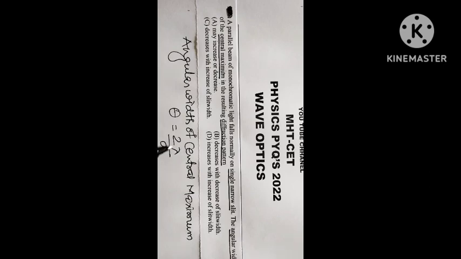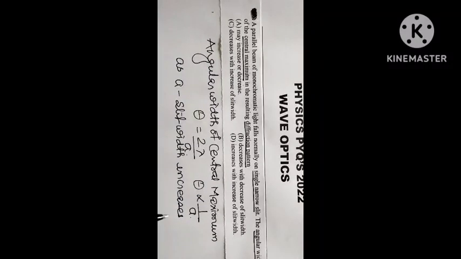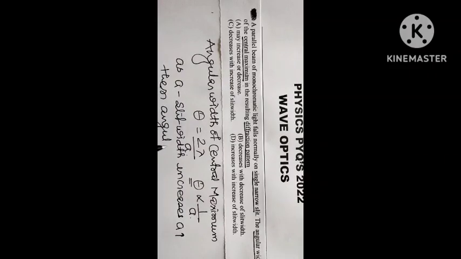Now, what happens when the slit width a increases? Because theta is inversely proportional to slit width, when slit width increases, meaning a increases, the angular width theta decreases.